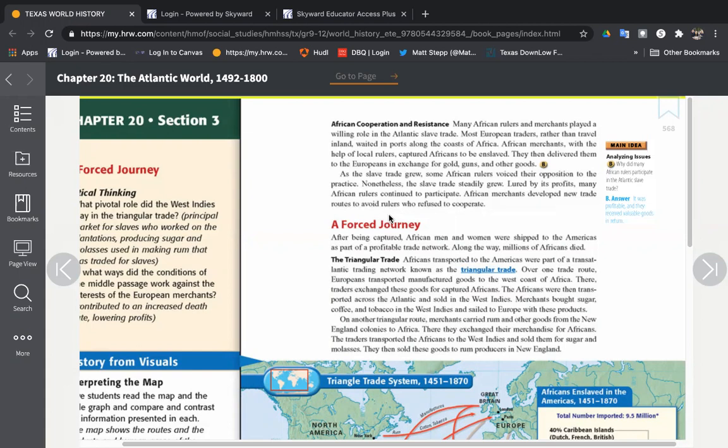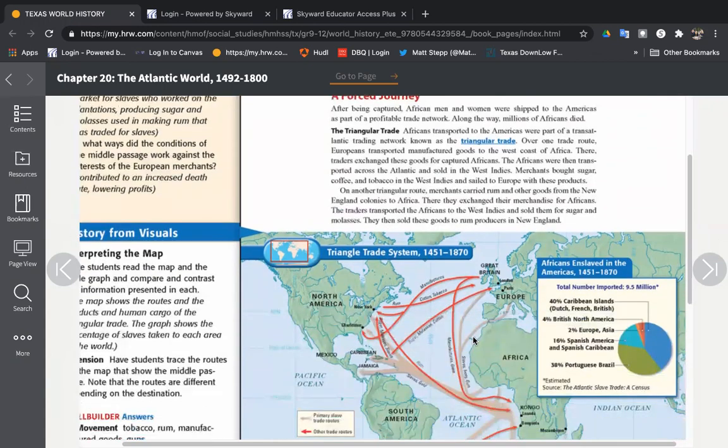Okay. So for number 4, you can just draw this. You can draw that down. Just make sure you know what that means whenever you draw this on your paper. And this triangular trade happened from 1451 all the way essentially up to 1870.